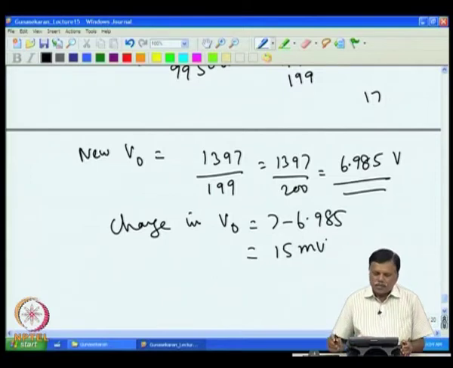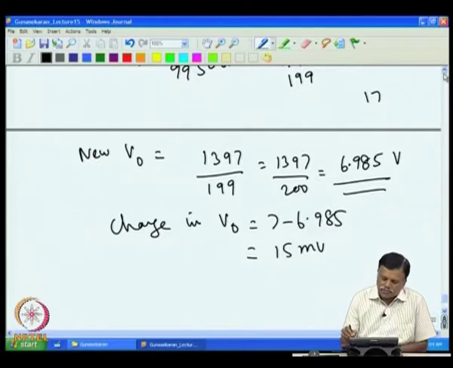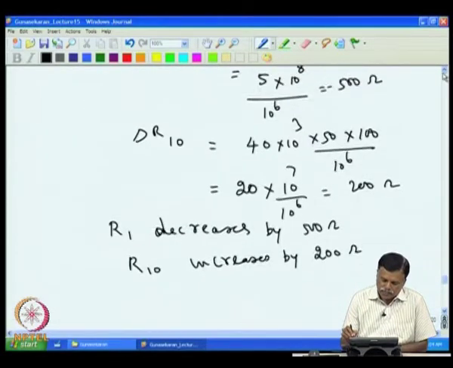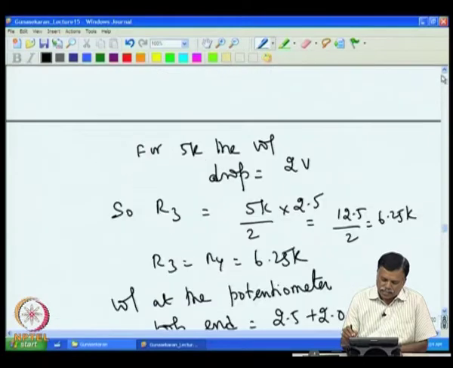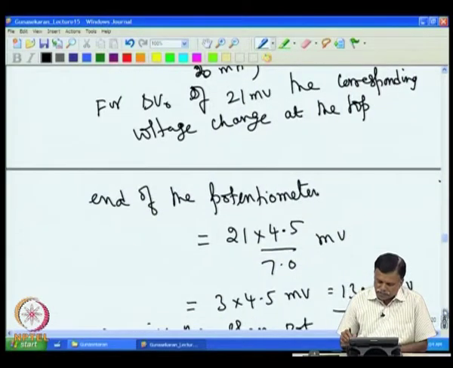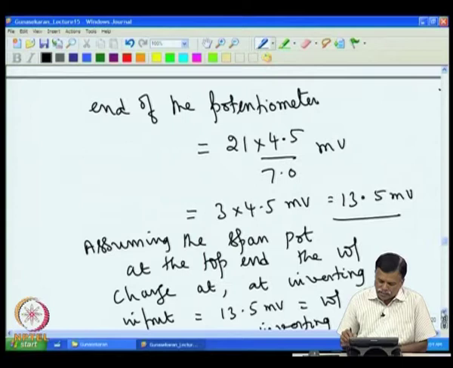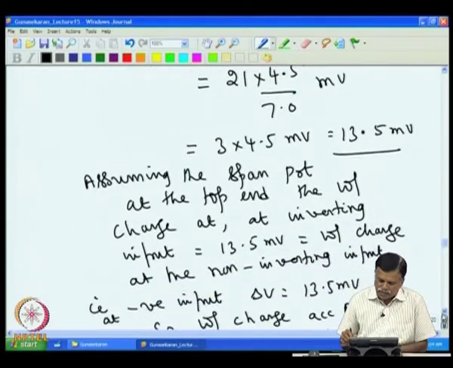So you will get 15 millivolt change in the regulated voltage, and that 15 millivolt change will again produce an error in the current. That I am not calculating, because earlier we had done it for a Zener drift of 13.5 millivolt. We have found the current drift. Now it is 15 millivolt instead of 13.5.